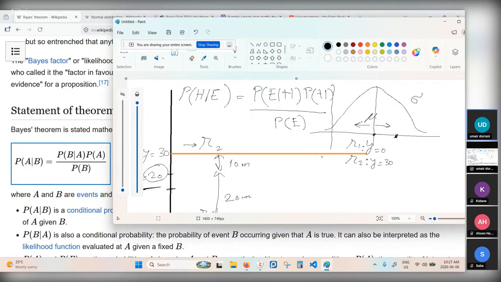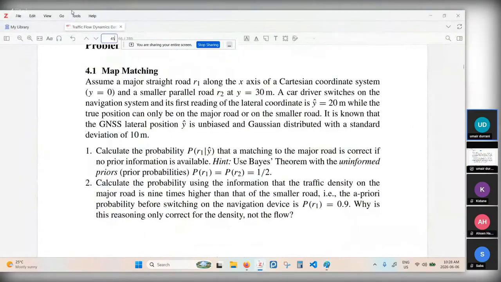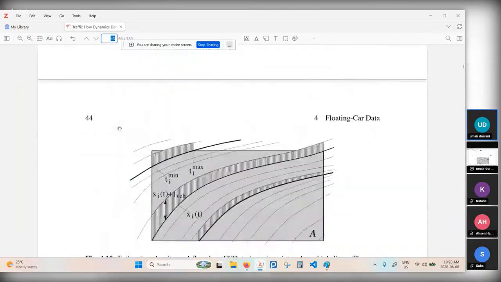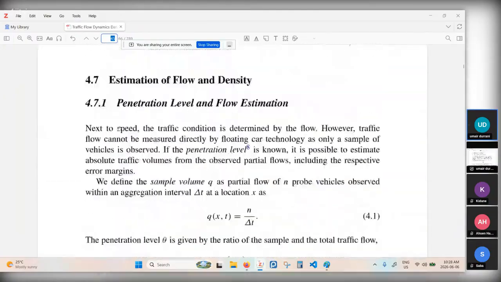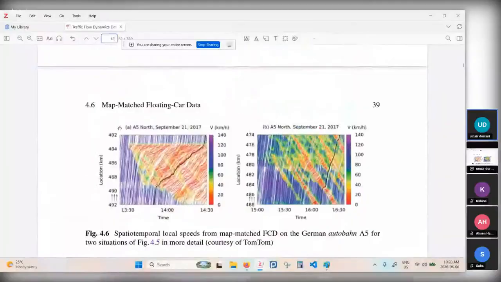So first, let's look at this part. This is the probability of the evidence given the hypothesis. Looking at the explanation in the chapter, we need to scroll up to the map matching section.